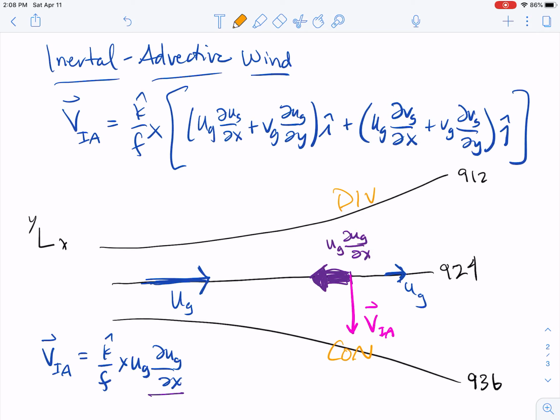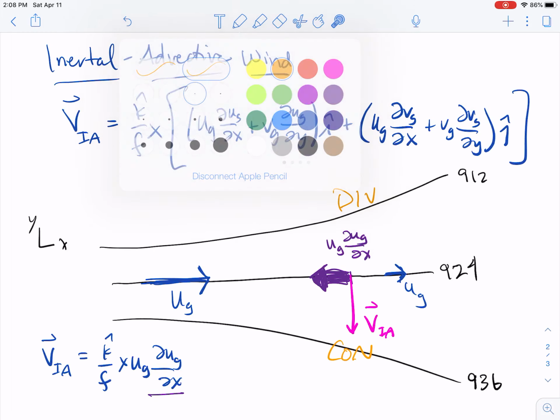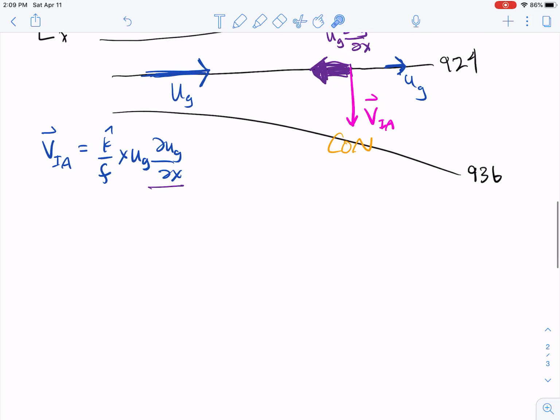What this means for diffluent areas is that the whole diffluent area is not necessarily good for divergent flow. It is only this area to the north that is really good for divergence. That's because divergence in natural coordinates has two elements.